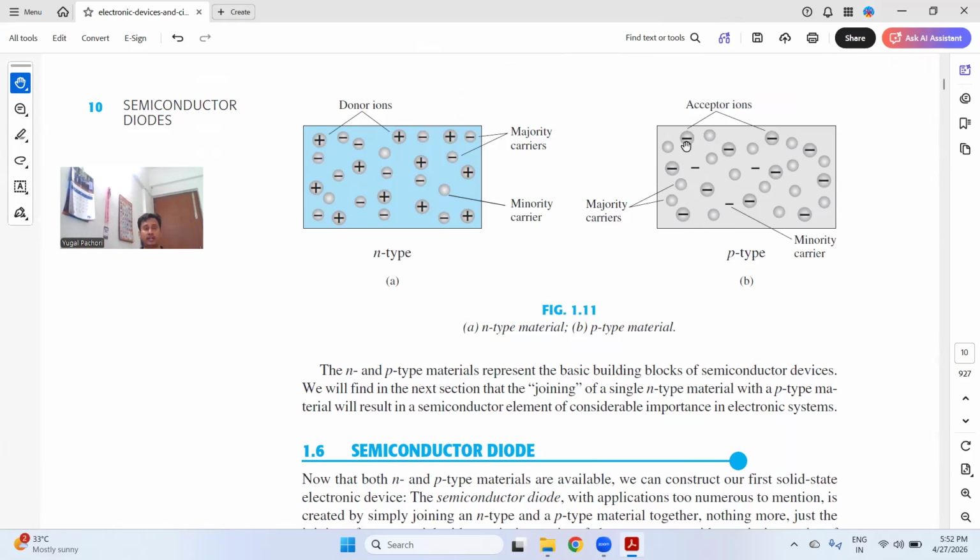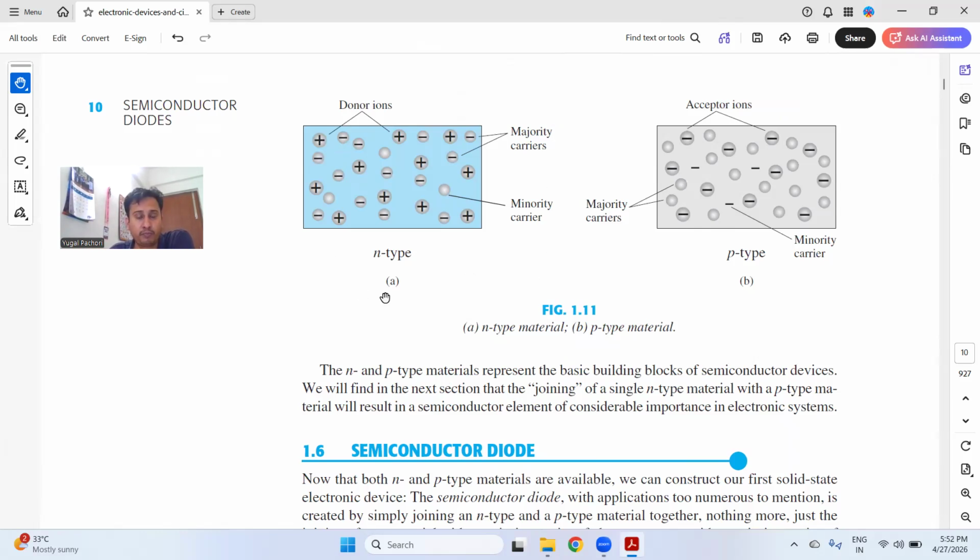Now please try to understand what will happen with this p-type and n-type. Either we are going to diffuse them together or join them together to form a new device, that I will tell you. See, we do not join P and N. Like this is P and this is N, we will not join. What we will do is take a single crystal of silicon and divide it in two parts.